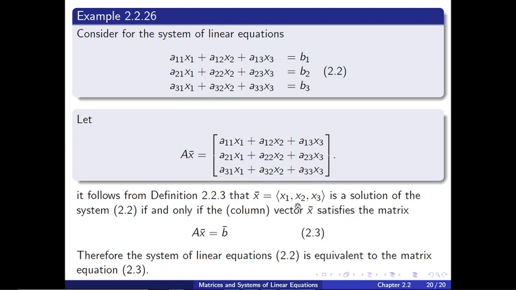Remember, x1, x2 and x3 are unknowns, so if we find x1, x2 and x3 which are a solution to the system, then they have to satisfy this equation. So therefore, the system of linear equations 2.2, which is this, is equivalent to having this matrix equation.